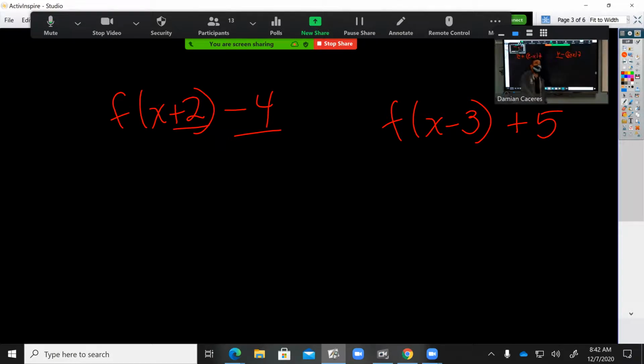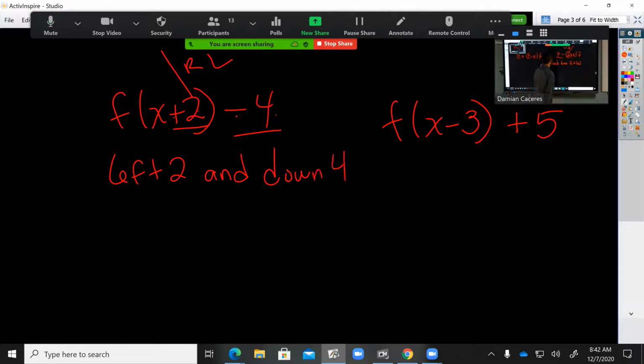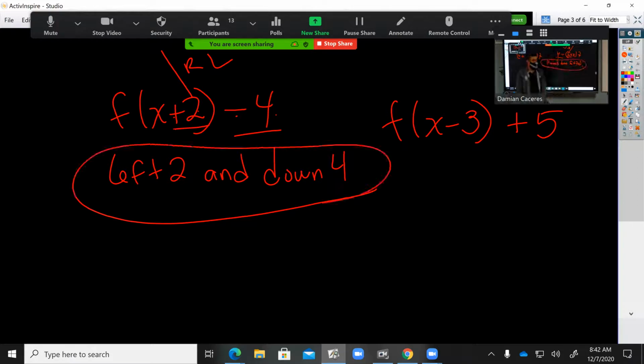Like up 2, right 3, down 4, left 6, whatever it is. First of all, if the number's in the parentheses, you know that has to be right or left. So because it's plus 2, I know it's going to be left 2, and minus 4 outside the parentheses means down 4. So left 2, down 4.